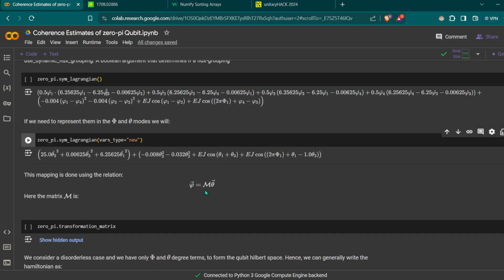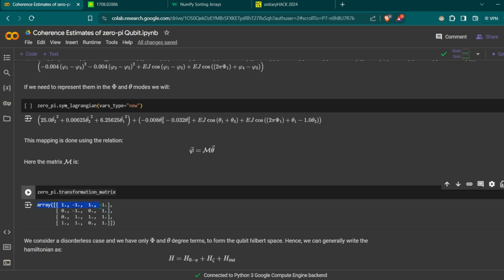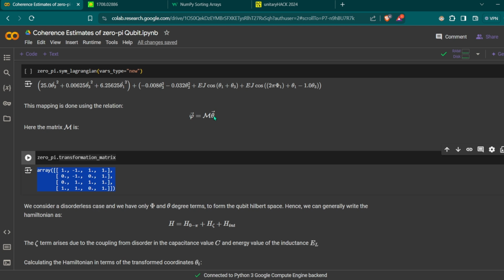This mapping from phi to theta is done using a matrix M, and if we run this code, we can see what this matrix M is. If you run this, you will get a 4 by 4 matrix with these value elements. And using this transformation, we can directly get the values of theta from phi, which are the node variables.